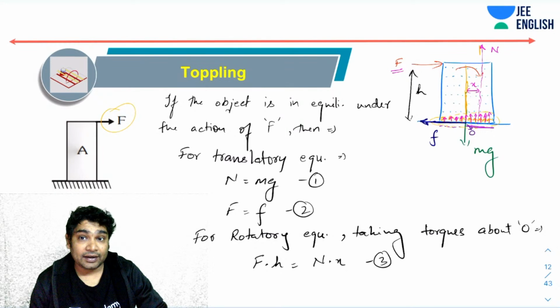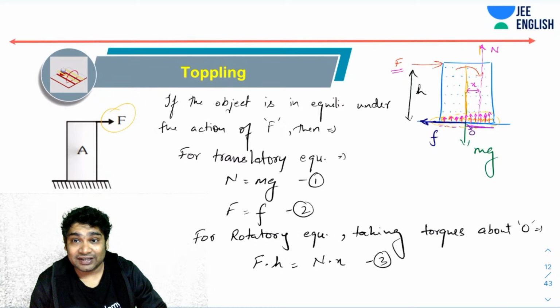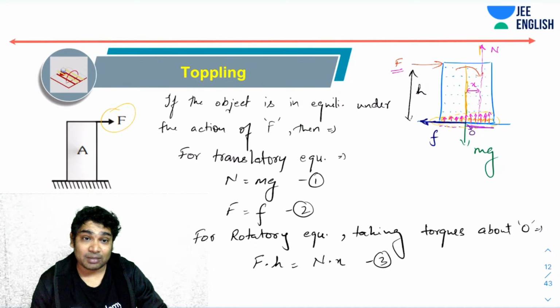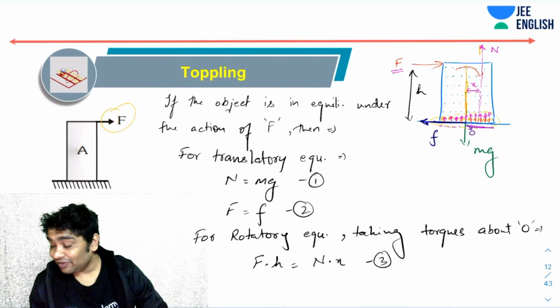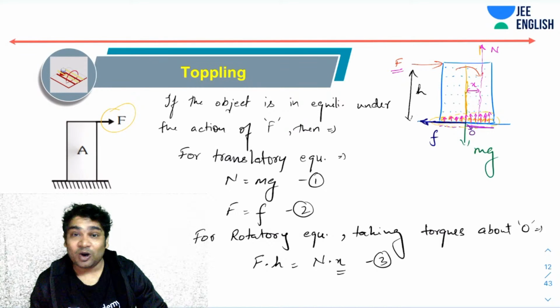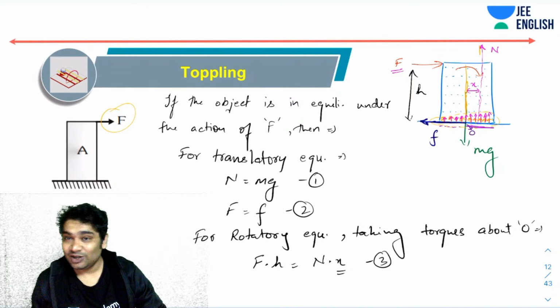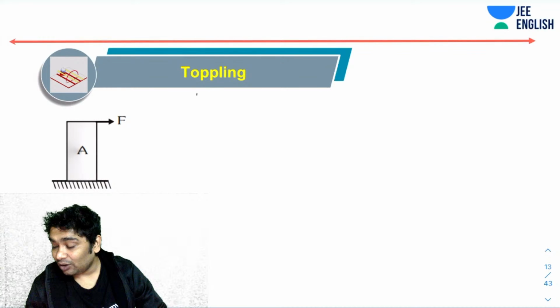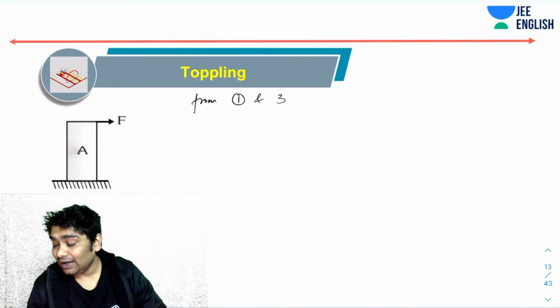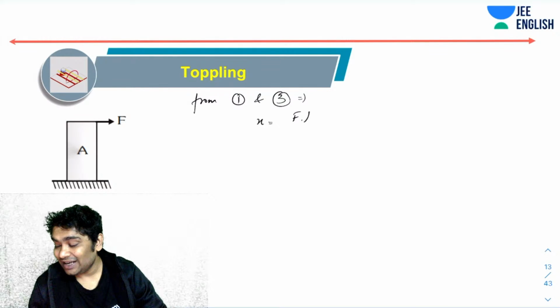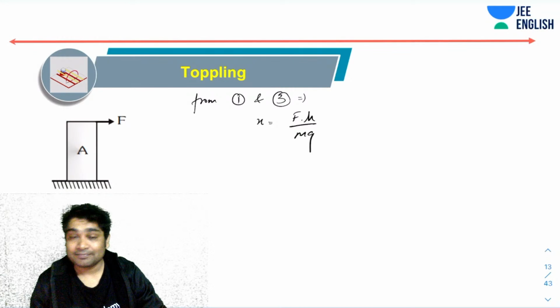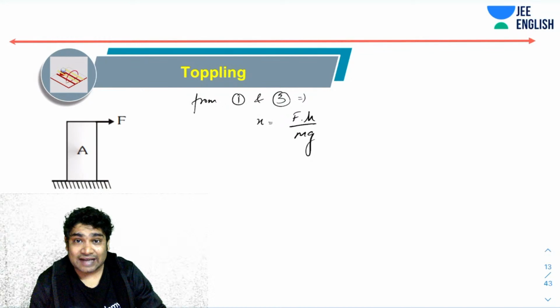Now what I can do is substitute the value of N as mg from equation number 1. Let's see what we will get. We can in fact calculate by what amount the N shifted. So from 1 and 3, what I can say is that x would be equal to F times h over mg. So that is what is happening.